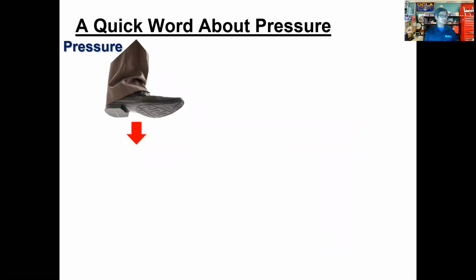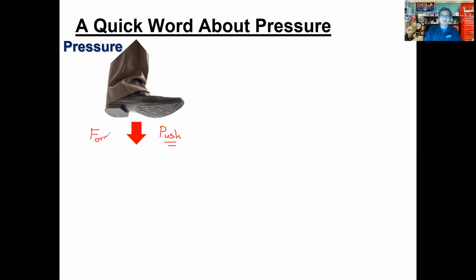If I step on your foot, I'm pushing down, so I'm exerting a force on your foot, and you can feel that force because it's going to be the pressure that I exert on your foot.